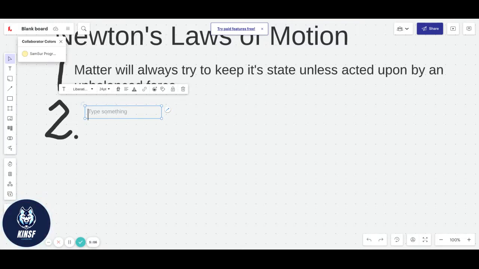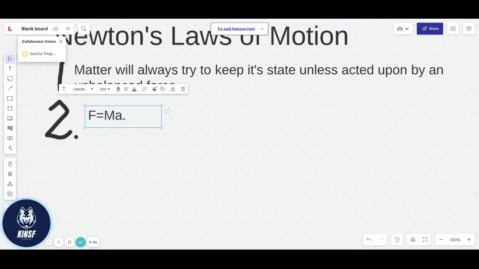So the second law actually comes from an equation. Force equals mass times acceleration, F equals ma, which most of you might know. That's how you find how much force something needs.